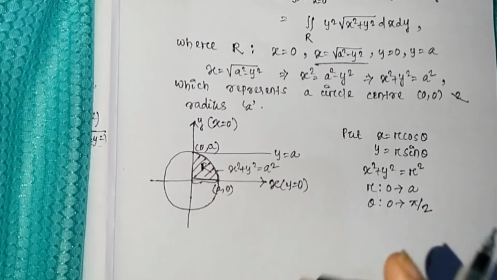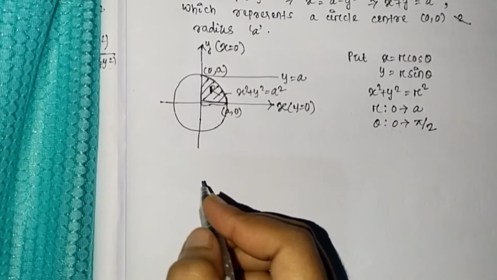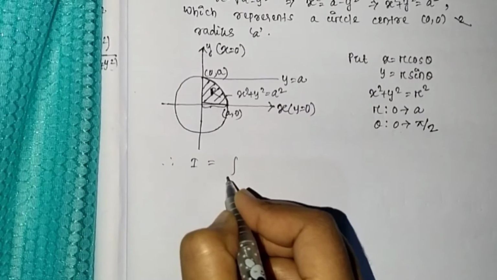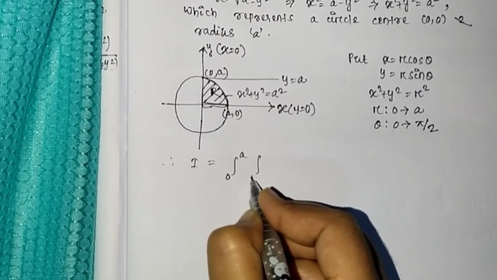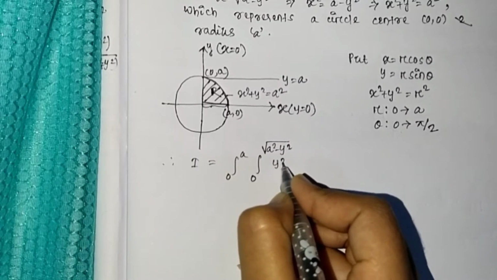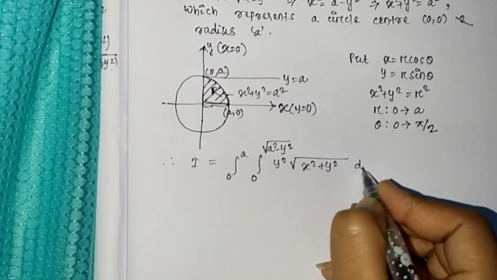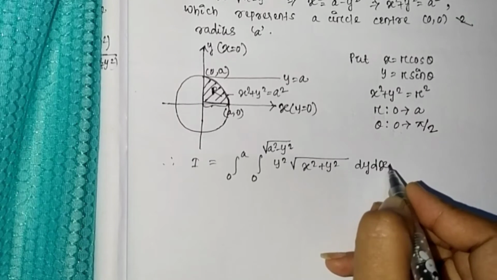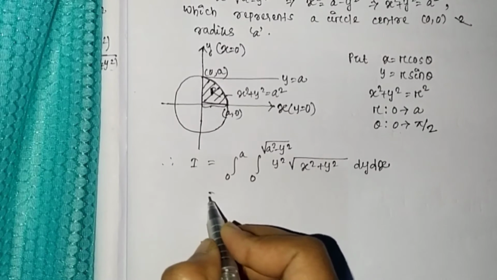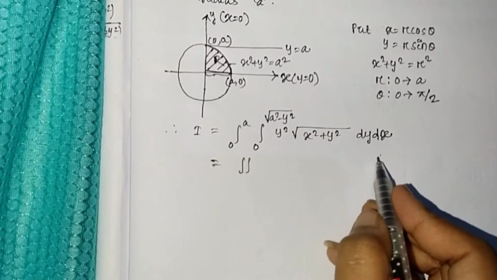So then we solve the problem. I equals the integral from 0 to a, integral from 0 to root over of a square minus y square, root over of x square plus y square dy dx. Next we solve this problem by changing the variables.